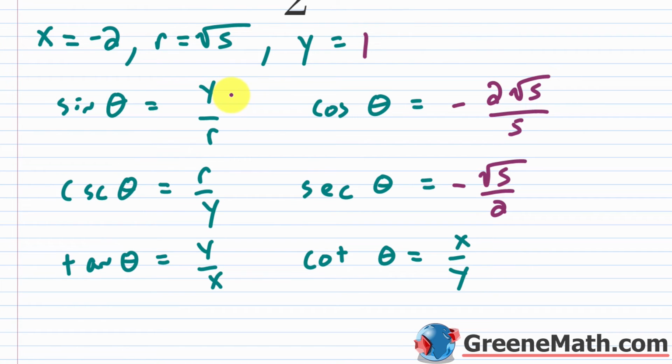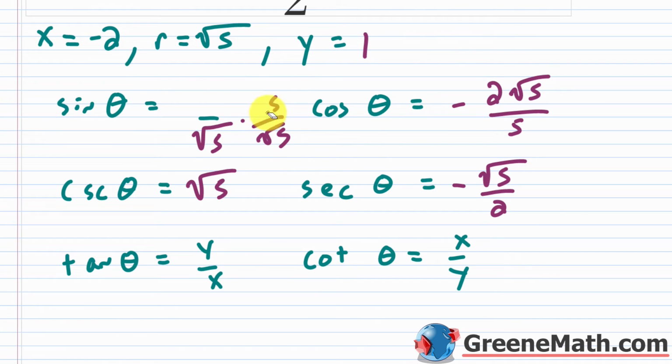All right, for the other guys, for the sine of theta, let's plug in a 1 for y. And then for r, let's plug in the square root of 5. You're going to rationalize that, but before you do, just flip this guy to get this guy. Because they're reciprocals, you'd have the square root of 5 over 1, which is the square root of 5. So this guy, you'd multiply by the square root of 5 over the square root of 5. So you get the square root of 5 over 5.